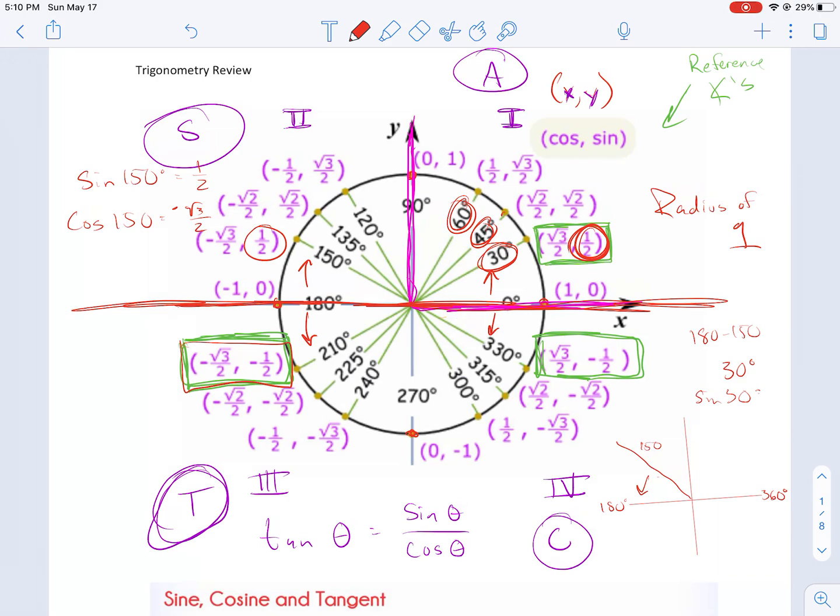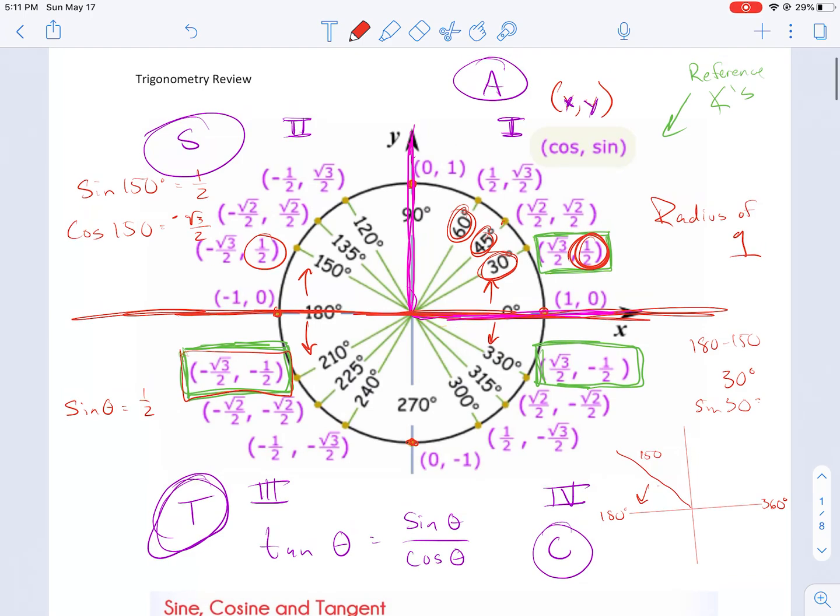Sometimes questions will do stuff like this. They'll say, when is the sine of theta a positive 1/2? We're looking for when 1/2 is a y value, and as we go around here, we're looking for which quadrants it's positive in.